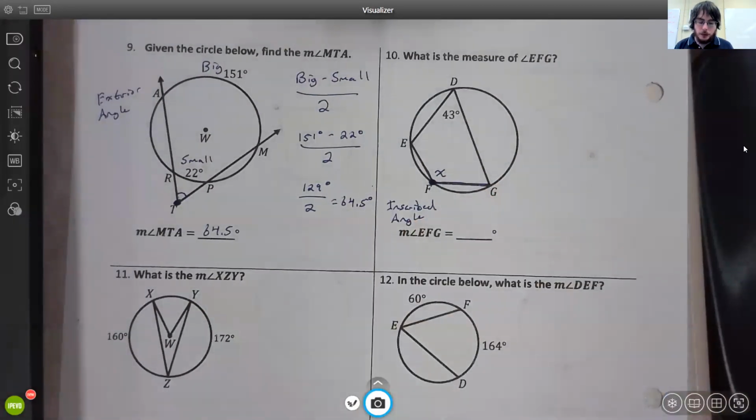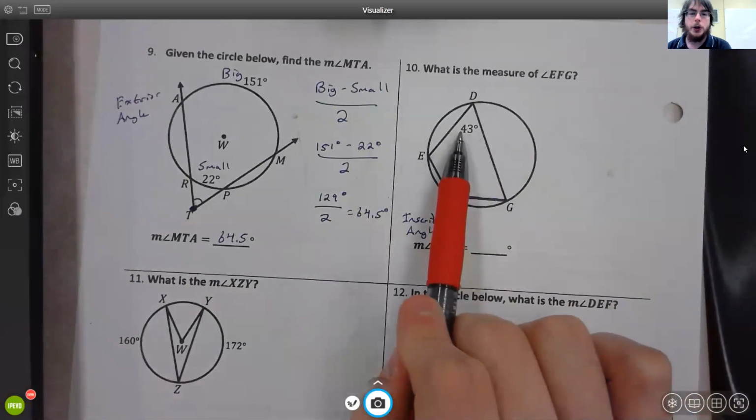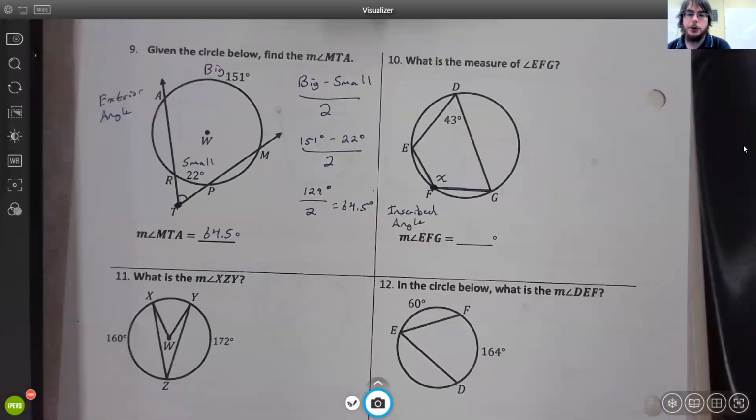Now, there are a couple different ways to do this. There is actually a rule for this that we haven't gone over, but you can find it using the information that's in the diagram right now anyway. So the 43 degrees is actually very beneficial to us.